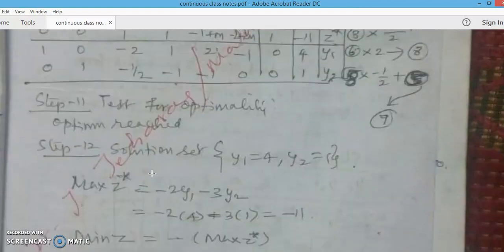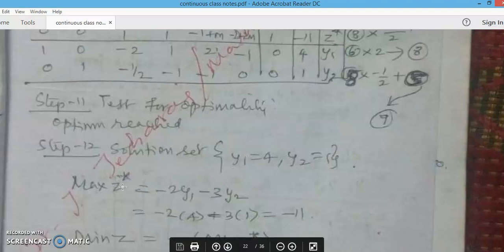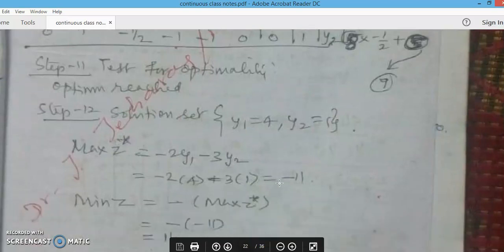Substitute these values in the maximization problem given at the beginning. So maximum Z star is equal to minus 2 y1 minus 3 y2. Here the value y1 is equal to 4 and y2 is equal to 1. Substitute that, you will get minus 11. But minimization problem is equal to minus of maximization of Z star.